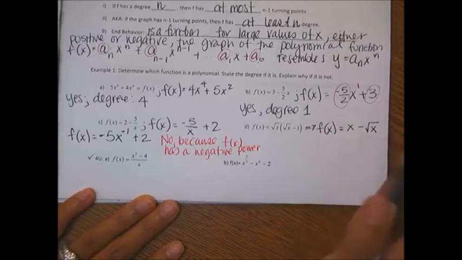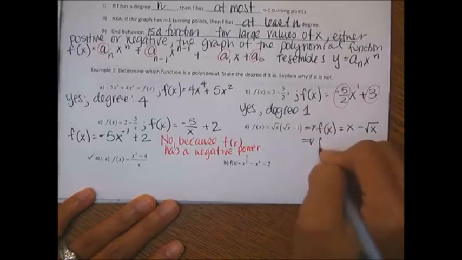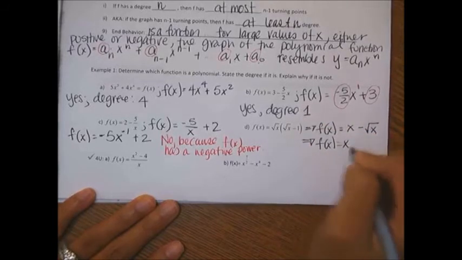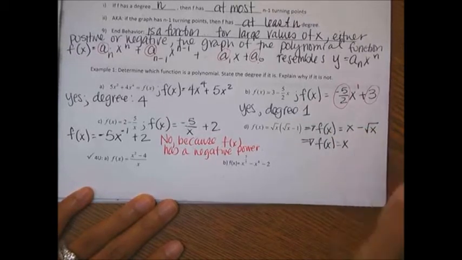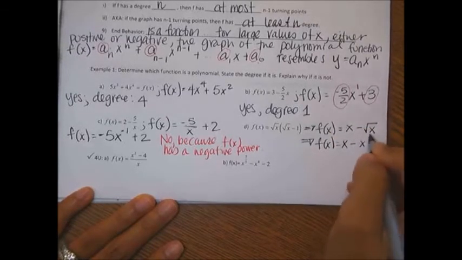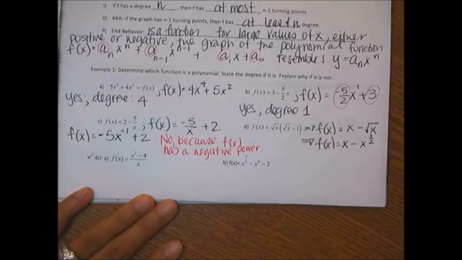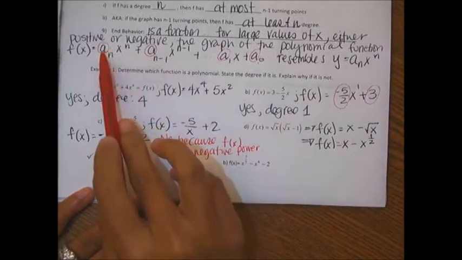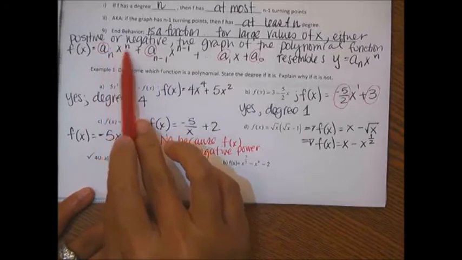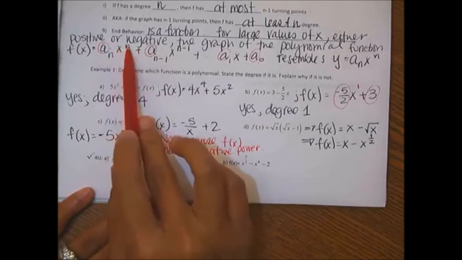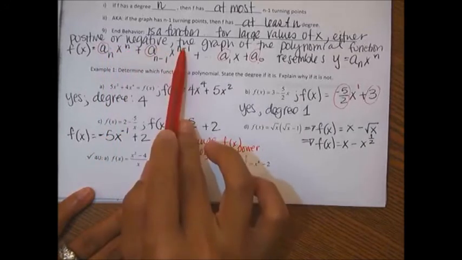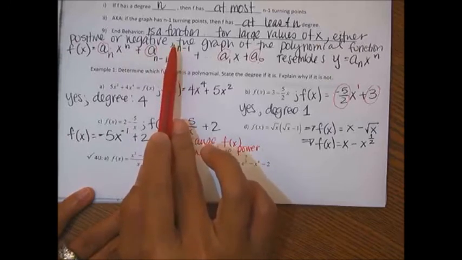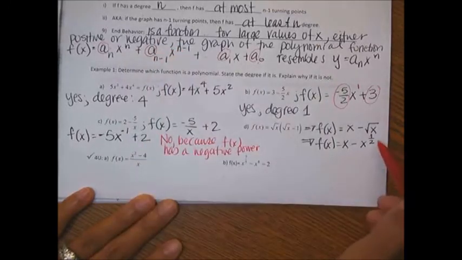Okay. Well, if you want to rewrite this, f of x equals, this is going to stay as a power of 1. A square root is the same thing as a power of a half. Okay. So again, according to our definition of a polynomial, all the exponents, n's, must be positive integers. Well, a power of half is definitely not an integer.